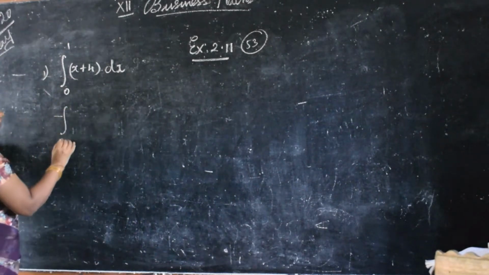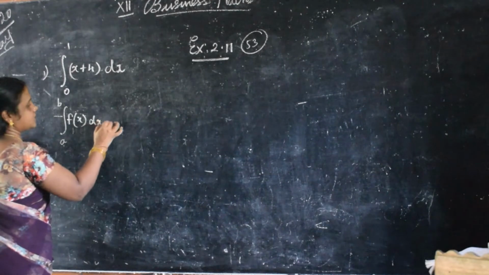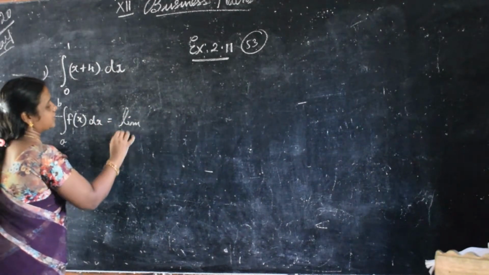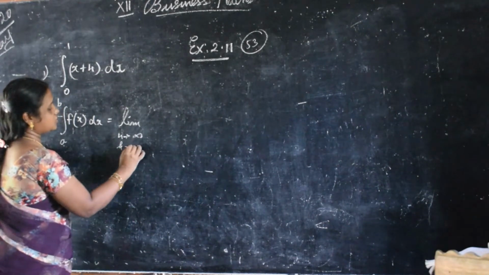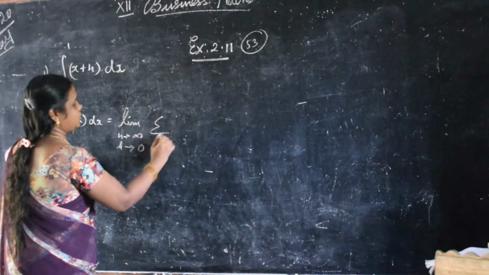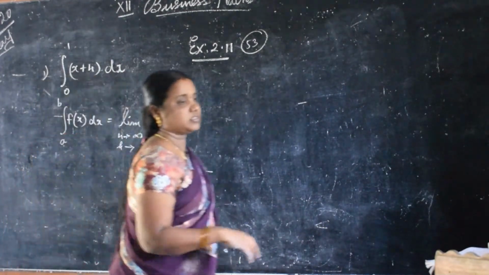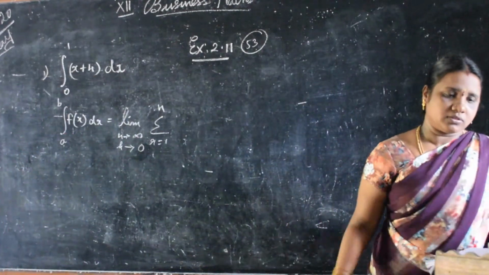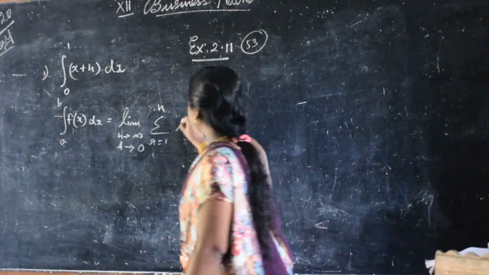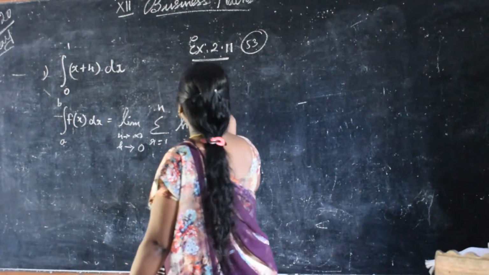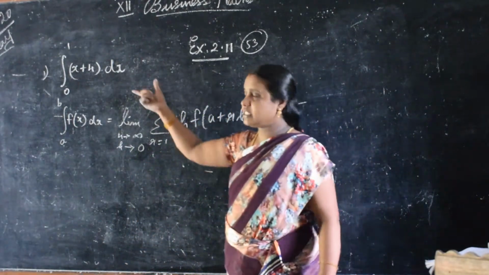Integral a to b f of x dx is limit n tends to infinity, h tends to 0, summation r is equal to 1 to n, h f of a plus rh. This is the formula which we are going to apply for this problem.